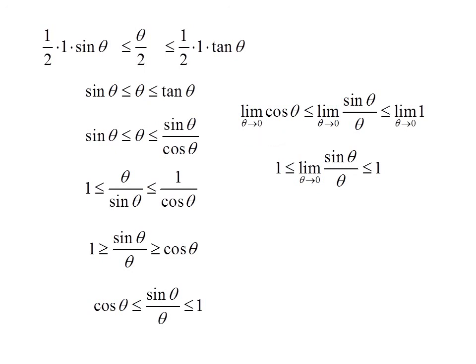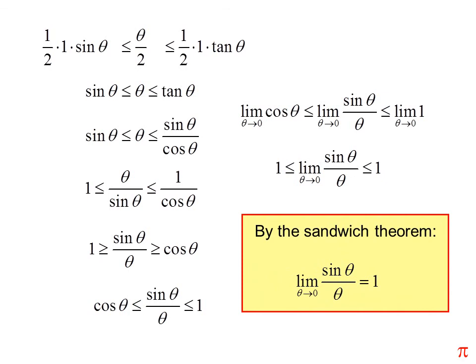The limit as theta goes to 0 of 1 is 1, obviously. So, by the sandwich theorem, the limit as theta goes to 0 of sine theta over theta equals 1, which was what we surmised in the last lecture. Now we know for sure because we have the proof.